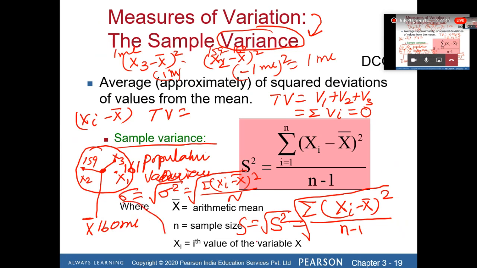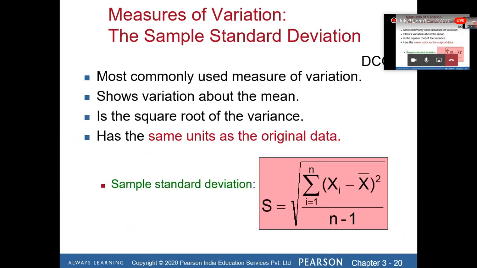So this sigma is called the population standard deviation. Please note down, all of you. Small s is called the sample standard deviation. This is the formula for sample standard deviation.